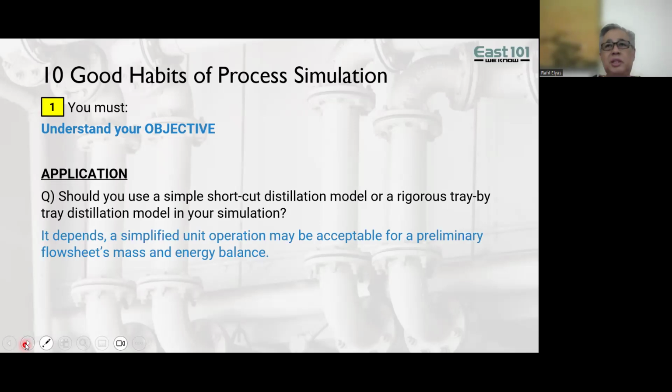If you're just doing a heat and material balance, you might be able to use a simple shortcut or Fenske model distillation column, or you might even use a component splitter. But if you want to size the column and look at flooding, then you need tray by tray, because you need all the detail for each tray: how much vapor, how much liquid, vapor flows, liquid flows. You need to be able to identify potential flooding, entrainment, or weeping type issues.